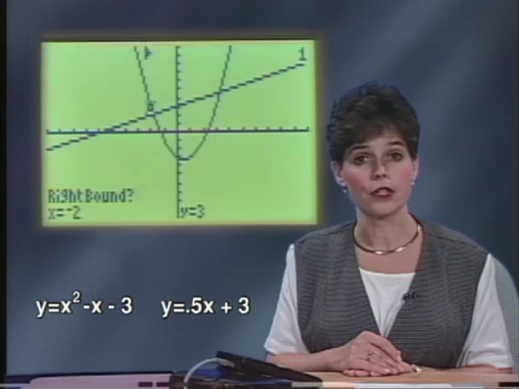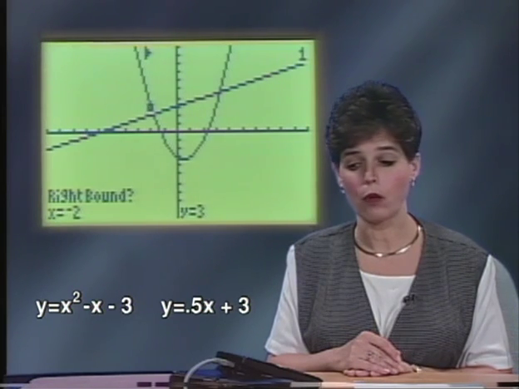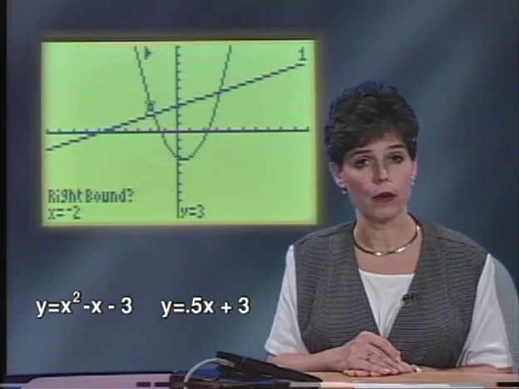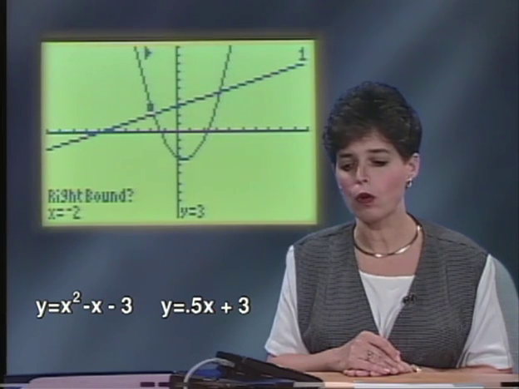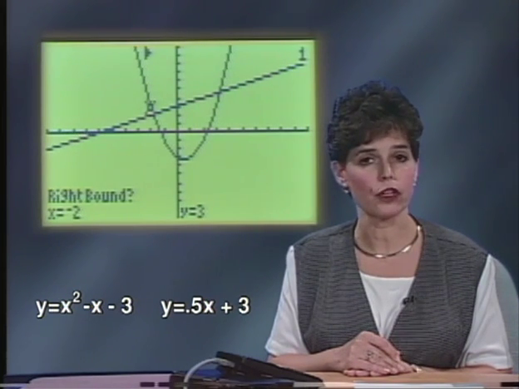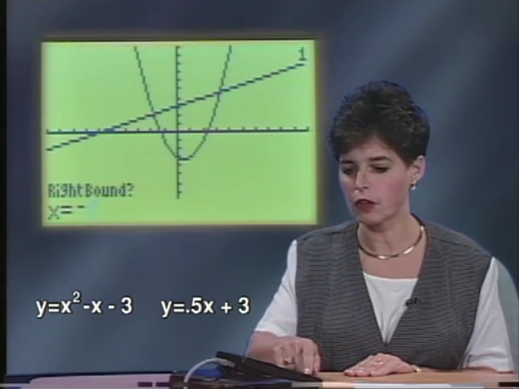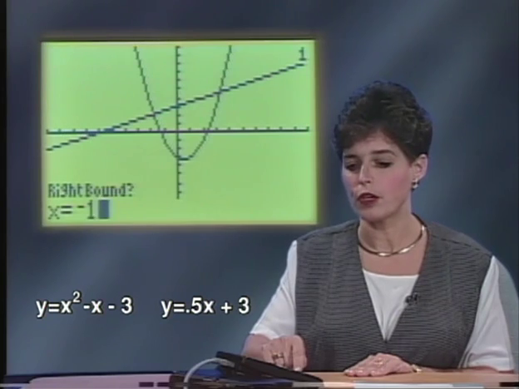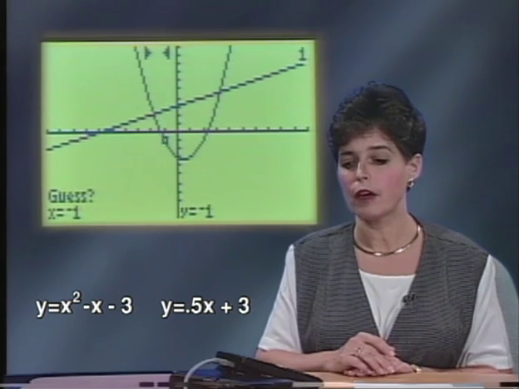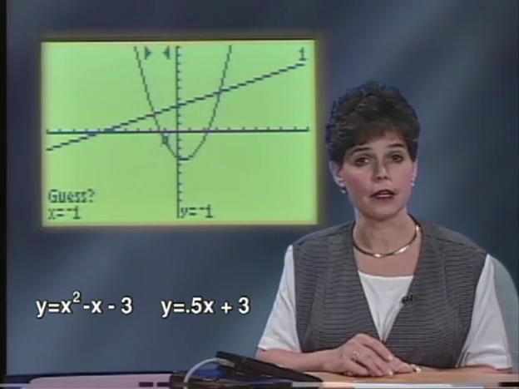Now the calculator is asking me a question. It's asking me about right bound. And I can either move my cursor with the arrows or I can type in a number. And I'm going to choose to type in the number -1 because that's a little bit easier for me. Press enter. And now the calculator wants to know if I would like to take a guess.